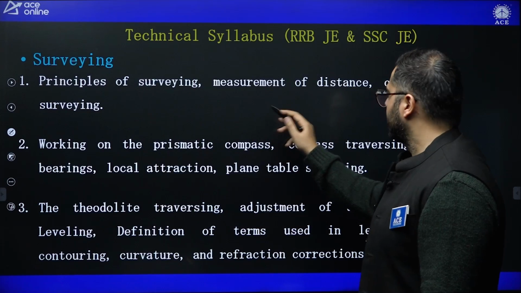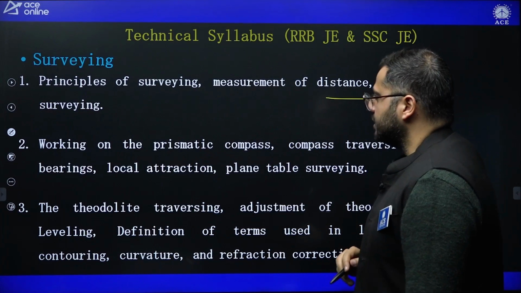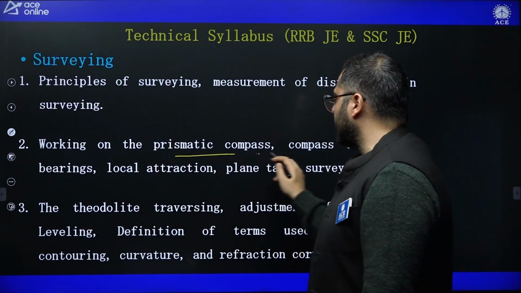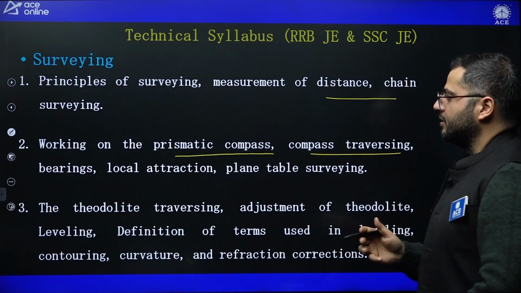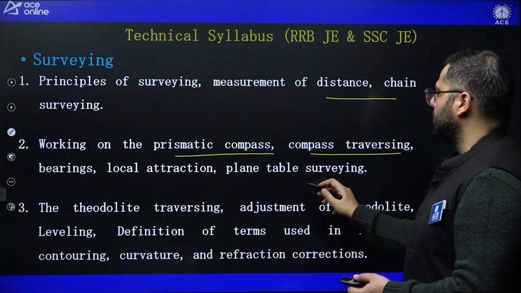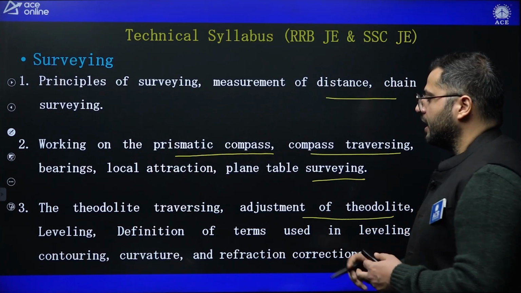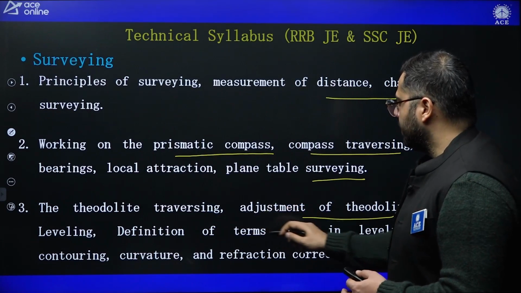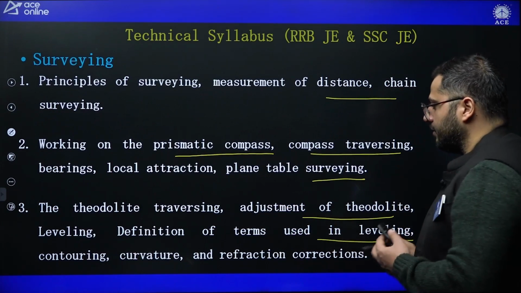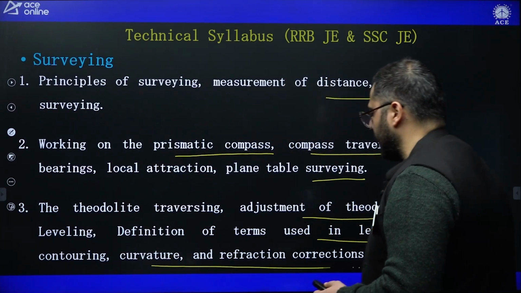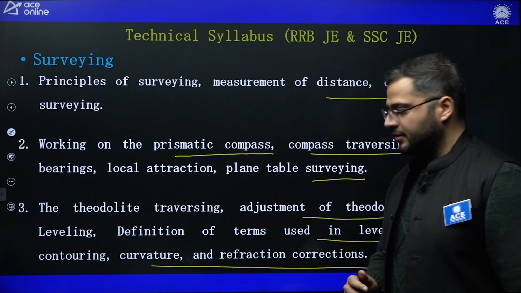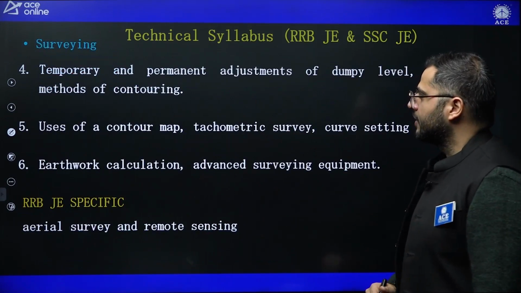Principles of surveying: measurement of distance and chain surveying, working of the prismatic compass, compass traversing, bearings, local attraction, plane table surveying, theodolite traversing, adjustment of theodolite, leveling, definition of terms used in leveling, contouring, curvature and refraction corrections.